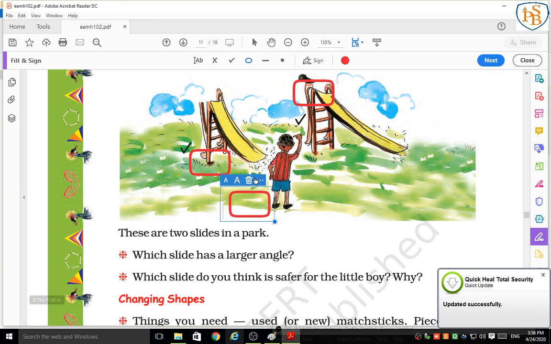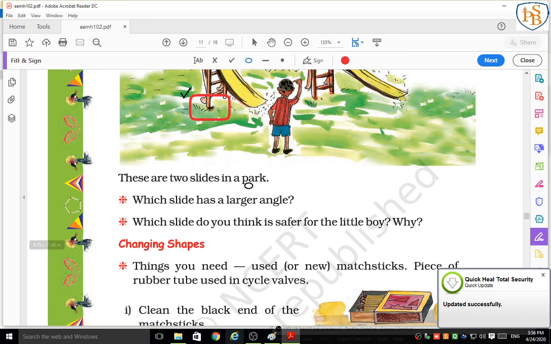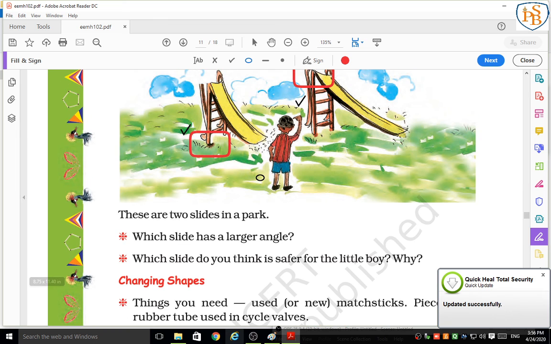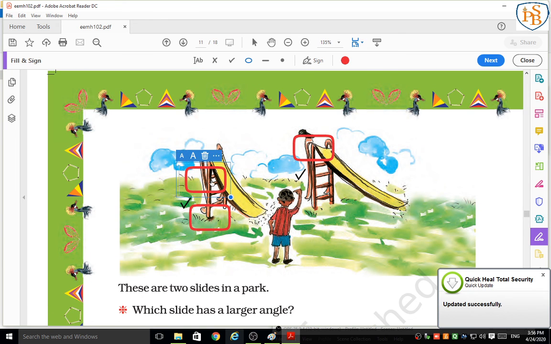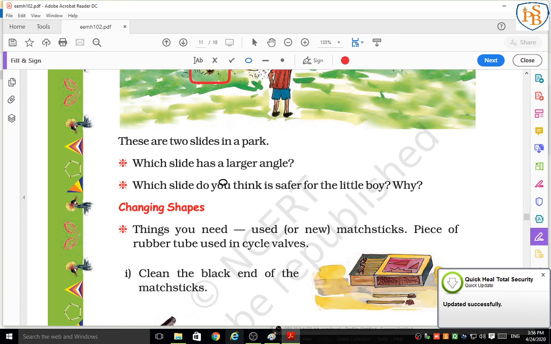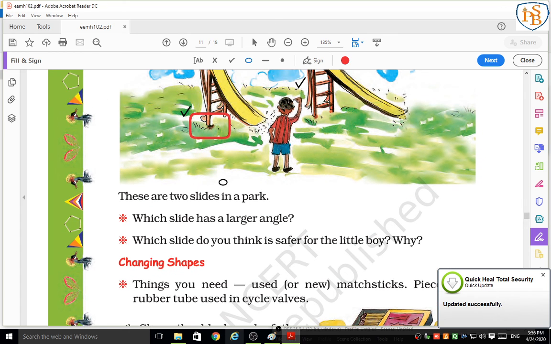Why the left one? Because of its smaller angle. If we see, this left one shows the smaller angle and this right one shows the bigger angle.